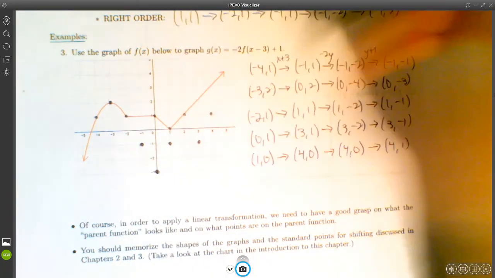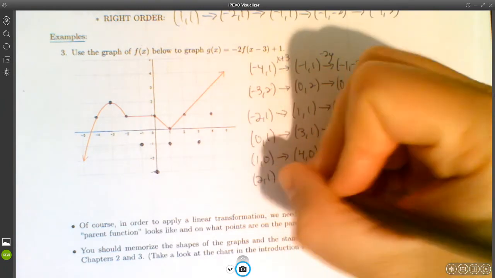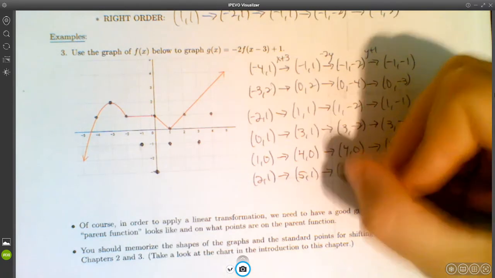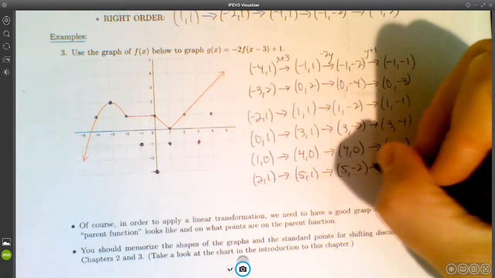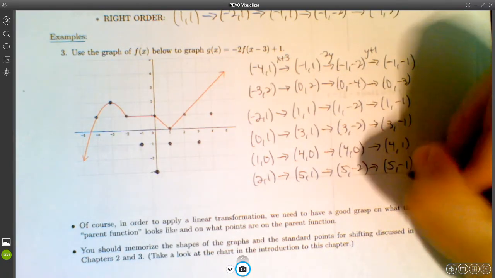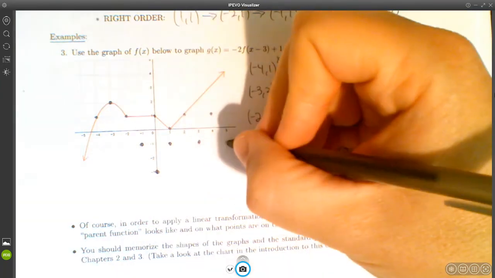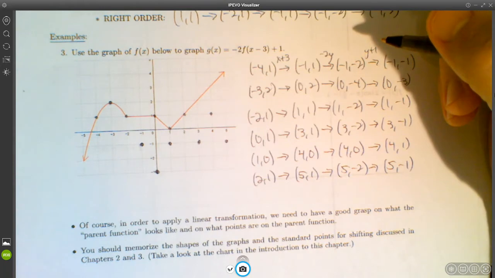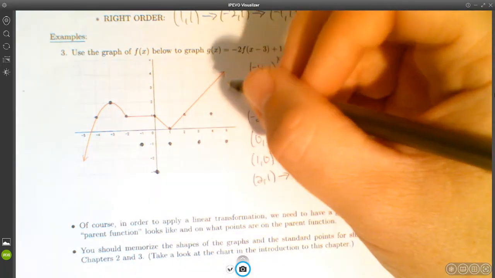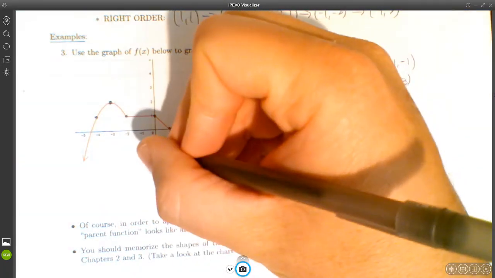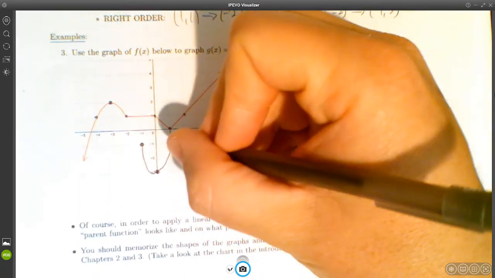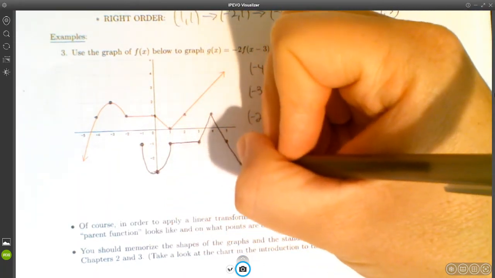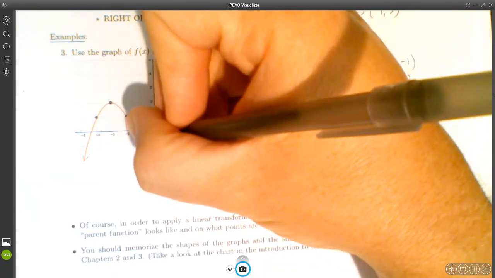And then one more, 2, 1. Where does that end up? I'm going to add 3, multiply by -2, add 1. So 5, -1. Okay. So I think what I get is something like this. Parabola there, straight line there, then the absolute value shape there. And by the way, this is going to keep going forever.